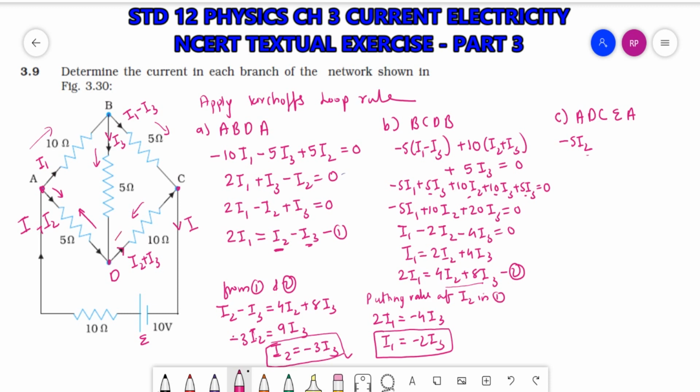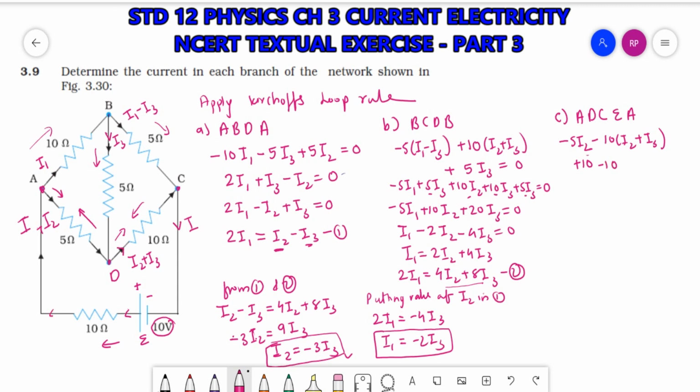From D to C, again same direction, so minus 10I2 plus I3. From C, now there is a 10-volt battery. I am moving from negative to positive terminal, means plus. So plus 10. Now again the current is moving in the same direction, minus IR minus 10.